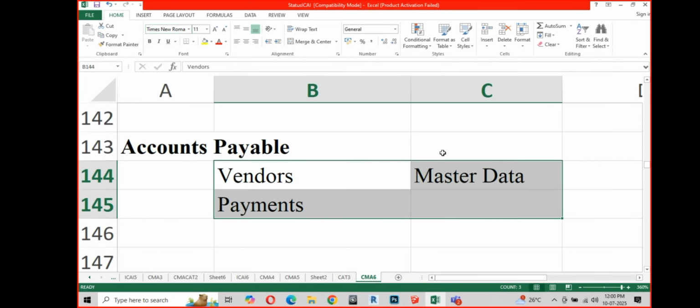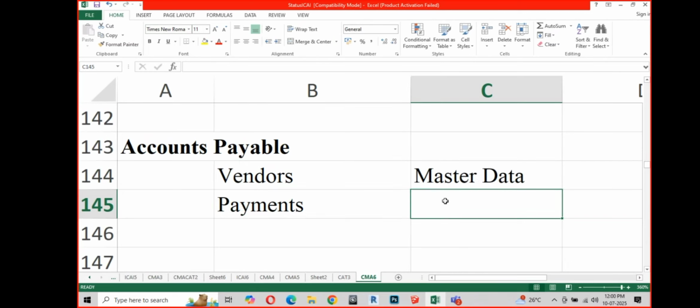You design the master data for the vendors, but for small vendors, you need not create the master data and you can save the server space. This master data is relevant only for your major vendors and customers.